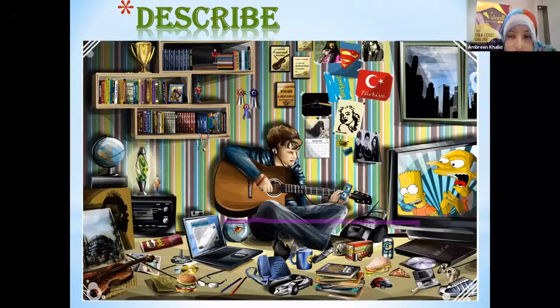If I write in my composition, the room was very messy, will I be able to create this picture? No, not at all. My reader won't be able to imagine the same picture which I have in my mind. Now, this is the picture I have in my mind. What will I write for my reader to draw the same picture?